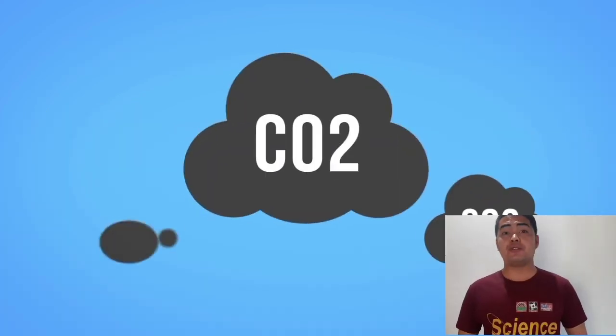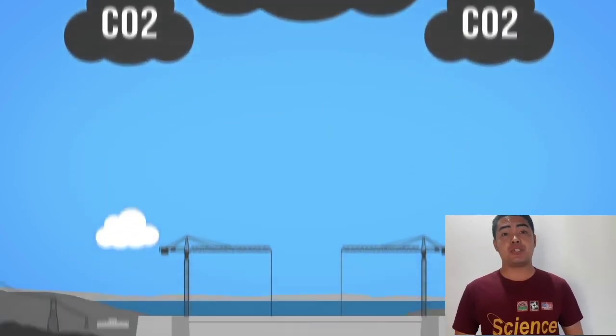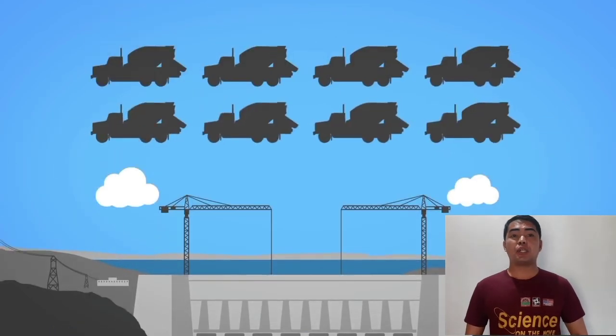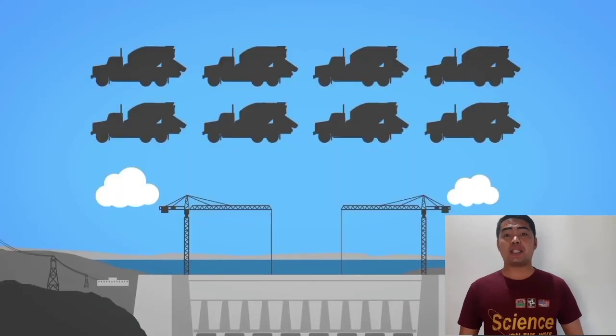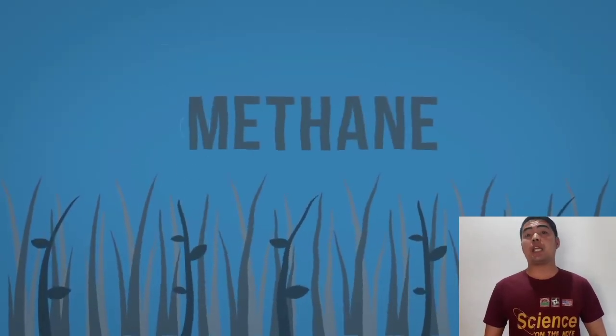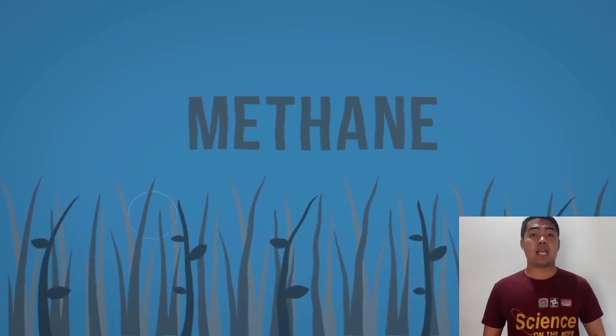Hydro plants are also not completely free of greenhouse gas emissions, as with most forms of energy. Carbon dioxide emission happens during construction, particularly due to the large quantities of cement used, and plant matter in flooded areas makes methane, another greenhouse gas, as it decays underwater. That's hydropower.